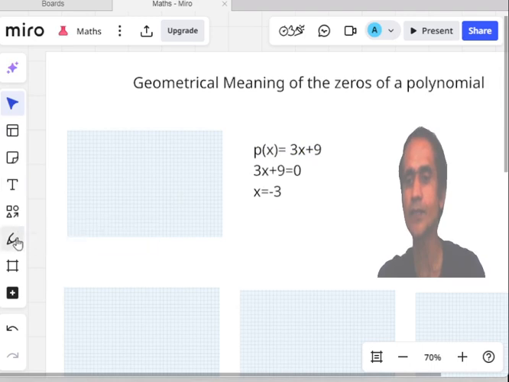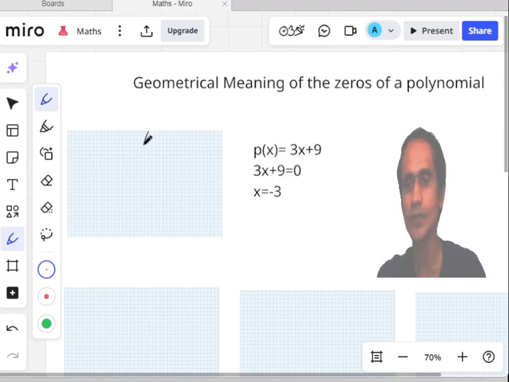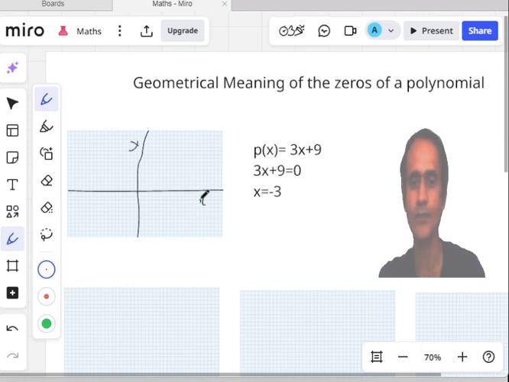See, in a graph we have x-axis and y-axis. This is your x-axis and this is your y-axis. If we take any point on this graph, it has some x value and some y value.